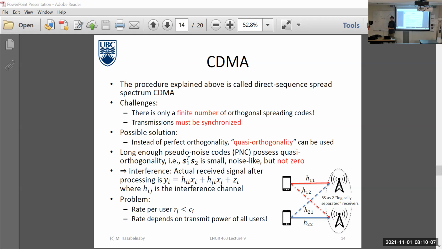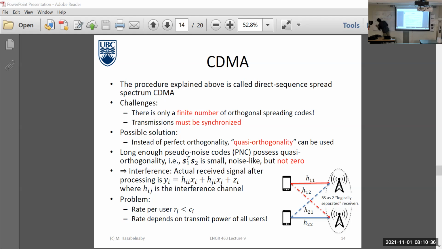Okay, let's do it. We have S1 multiplied by S1 transpose. So if we take S1 equal to 1, 1, and S2 equal to 1, minus 1, we want to multiply S1 by half S1 transpose S1.